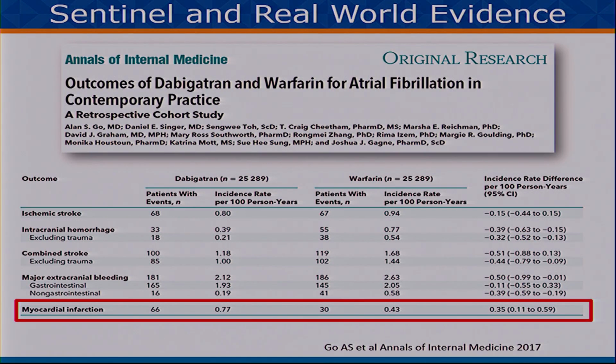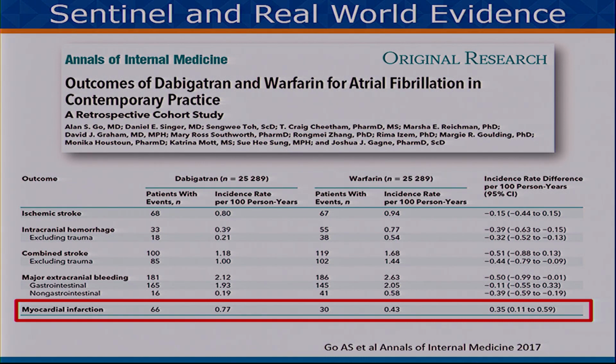And so the question is whether this is something that's a real risk or something that was a play of chance. Sentinel, through its data partners and other collaborators, took on the challenge of understanding this area and looked at outcomes of dabigatran versus warfarin in patients with AFib in contemporary practice to look globally in terms of the results regarding the important outcomes of stroke, hemorrhage, as well as other major bleeding, and then also looked at MI.